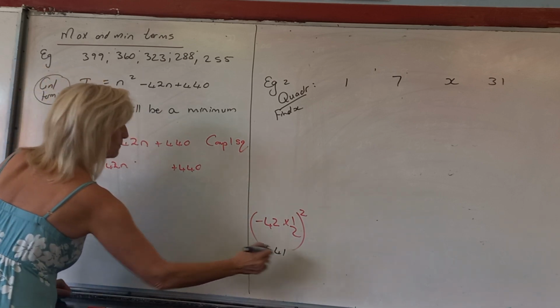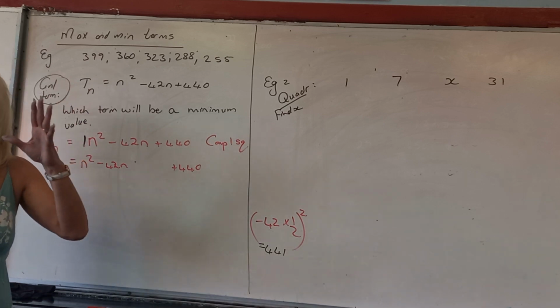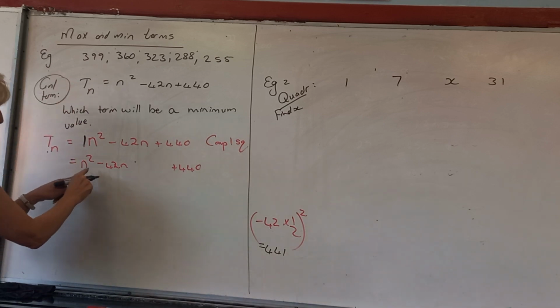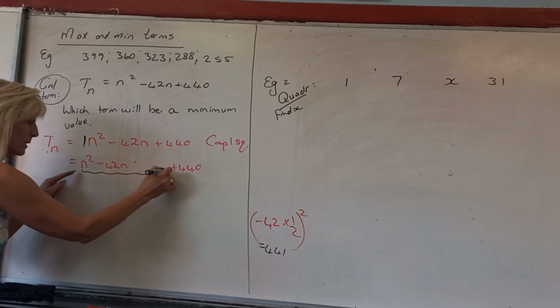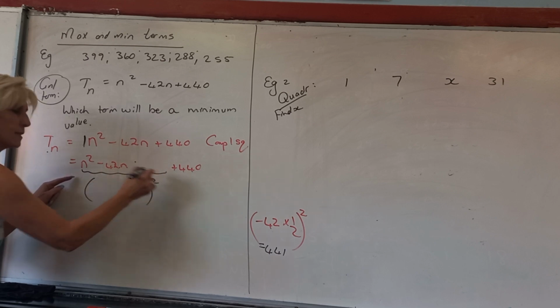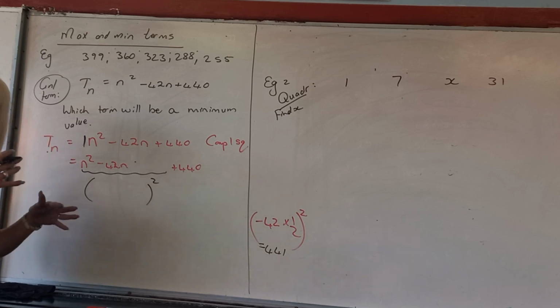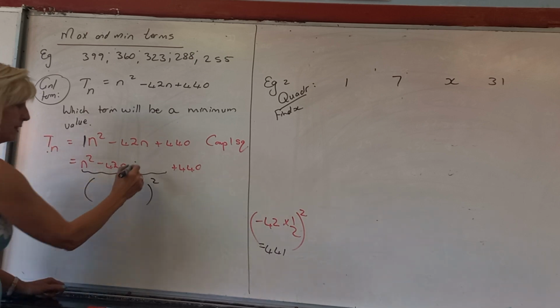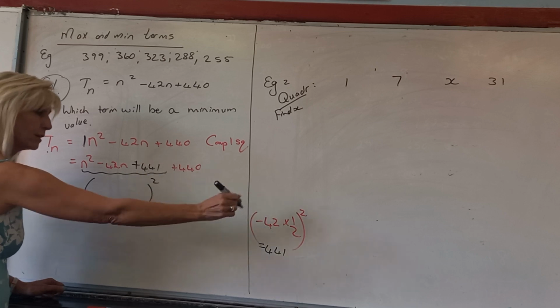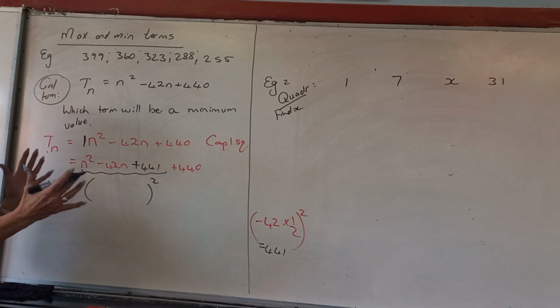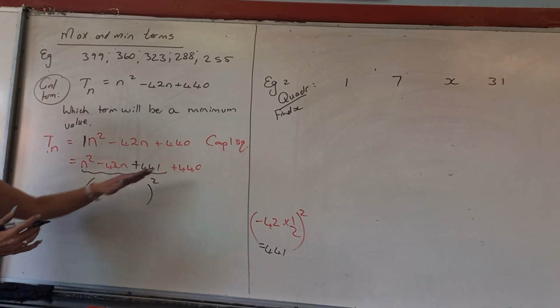What do I do with this 441? Guys, what are we busy with here? So we need the number to complete this 3 term here to make it a complete square. Are you getting back 7 months ago from this? So you need that number, that plus 441 that you got on a very specific technique to make it a complete square, getting it there.